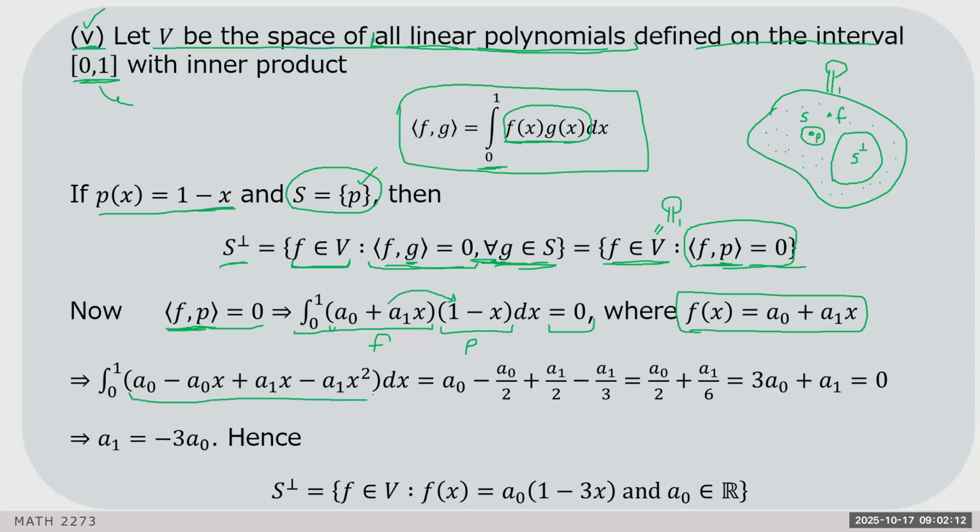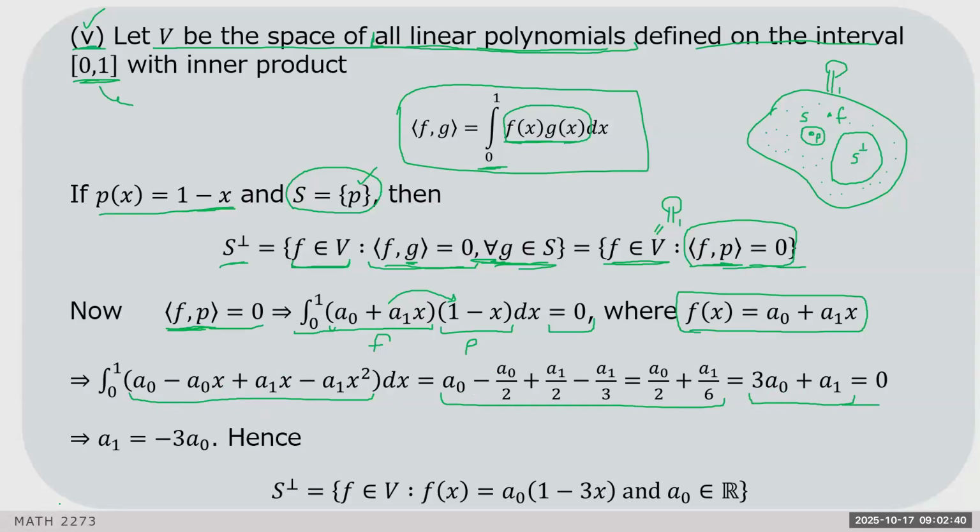We get this expression here. Remember, A0 and A1 are unknown constants that I'm trying to find. And so I trust that you all could integrate this, because it's just a polynomial. So integrate, plug in the limits from 0 to 1, simplify, and you get 3A0 plus A1 equals 0.